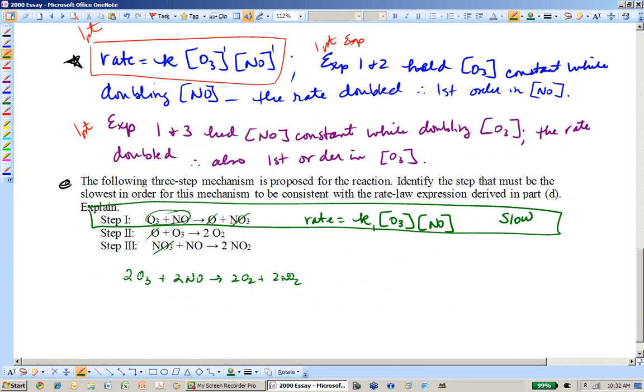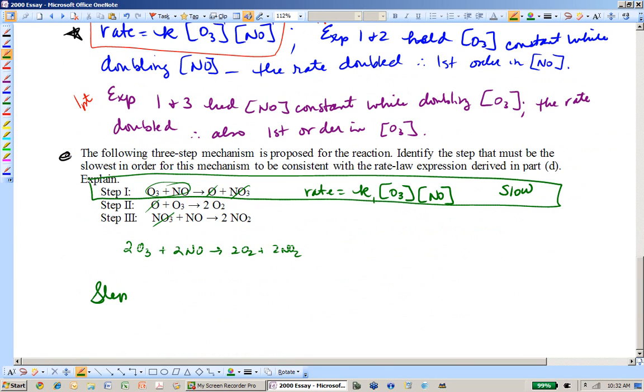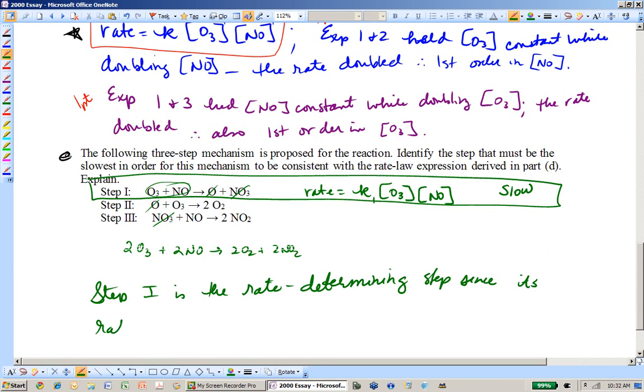So my explanation hinges on the fact that step 1 is the rate determining step, since its rate law agrees with the experimentally determined rate law.